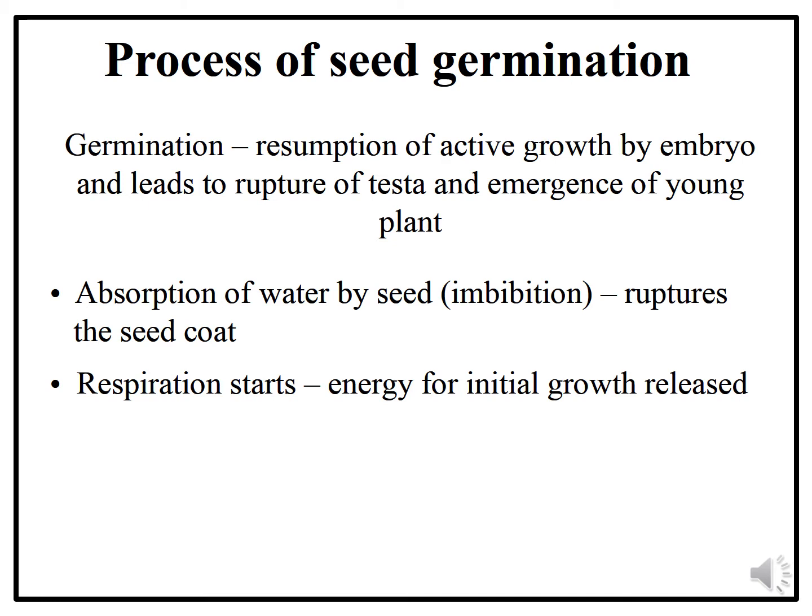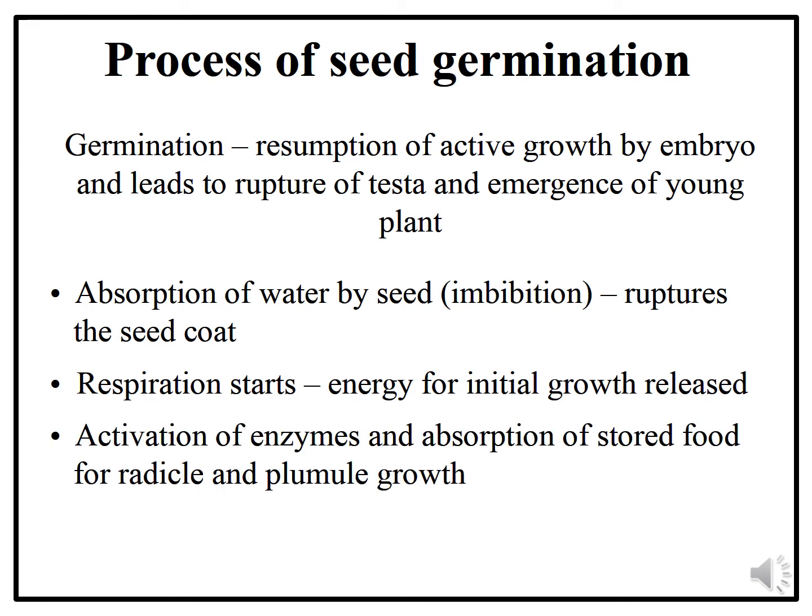And respiration is the release of energy for growth. So that energy for initial growth is released through that first respiration process. And after initial growth has started, the enzymes will be activated inside the seed, and the food in the cotyledons will start to be absorbed, and that radicle and plumule will then start to grow.